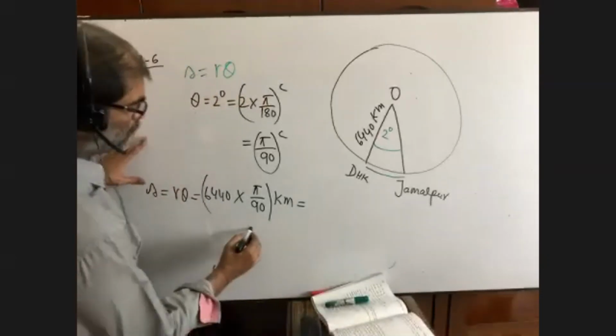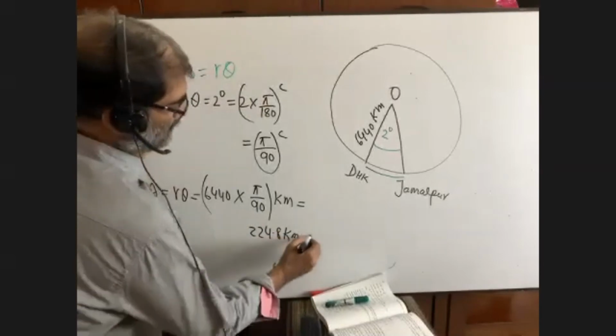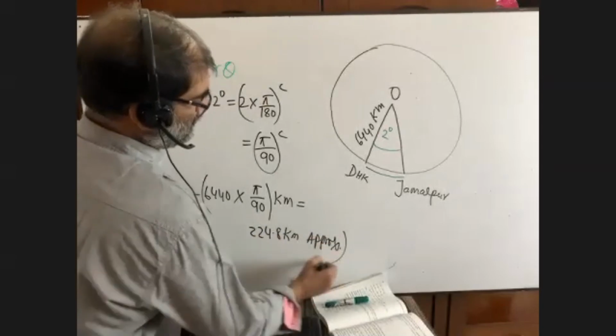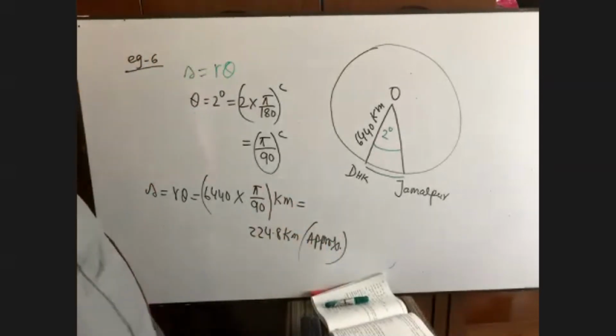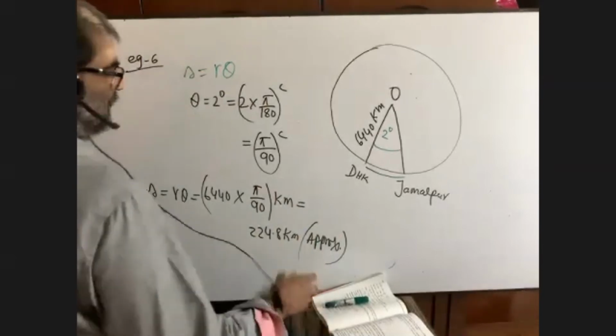Is it 224.8 kilometer approximately? Yes, sir. It is like 224.798. Okay, so this is the example.